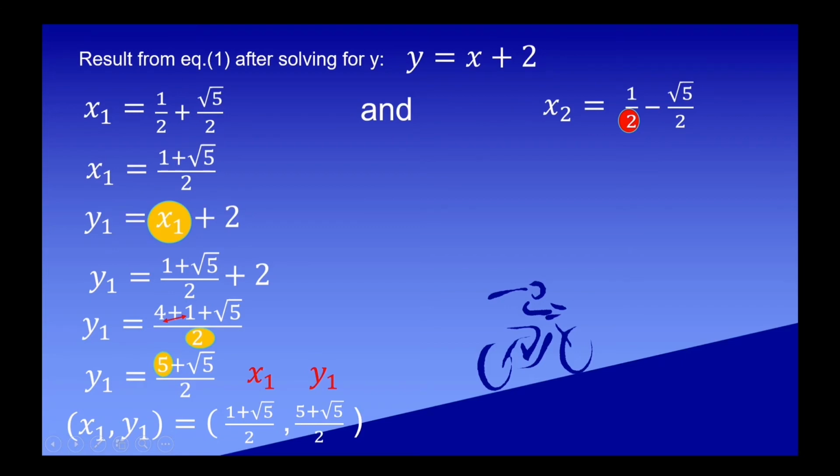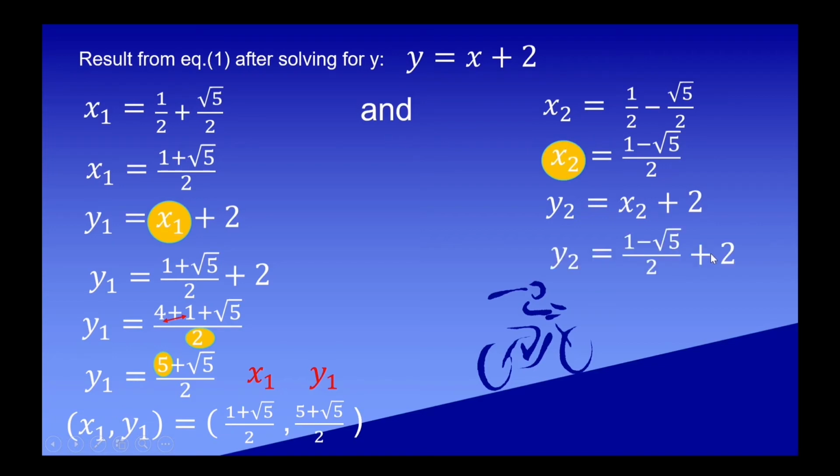For x sub 2, the procedure is the same as x sub 1. Since this is a similar fraction, copy the denominator, then get the difference of the numerators. Since we're using subtraction here, it is 1 minus square root of 5. Then we use the equation y sub 2 is equal to x sub 2 plus 2 for the substitution of our x sub 2, 1 minus square root of 5 over 2.